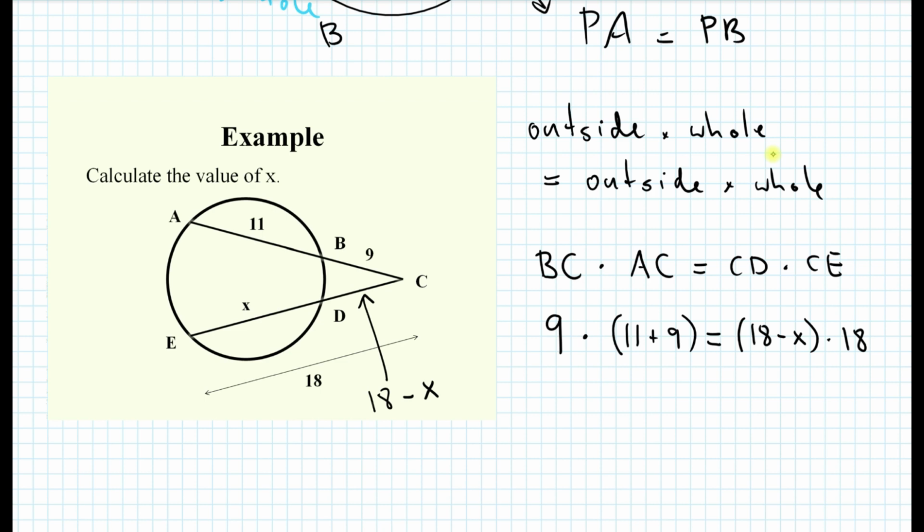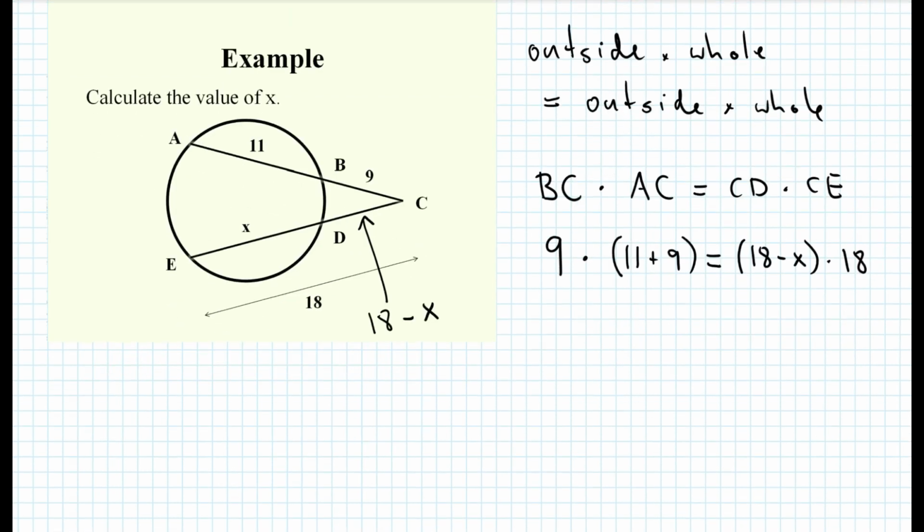So there are already a few things we can do here. For example, we can divide both sides by 9 and add 11 plus 9, okay? So here we have 20 is equal to, well, if we divide 18 by 9, we get 2, and in parentheses, 18 minus x, okay? Then we can divide both sides by 2, and we get 10 is equal to 18 minus x, okay?